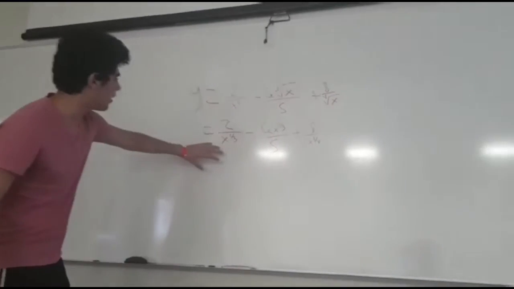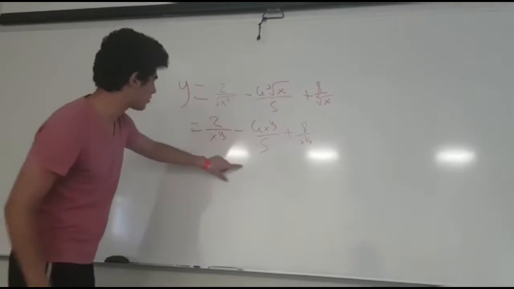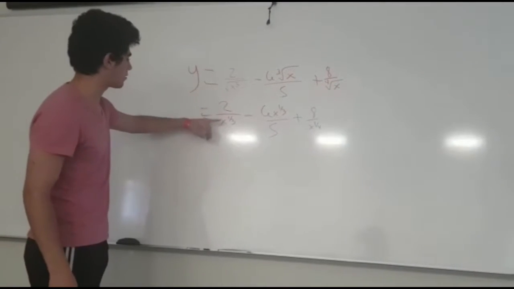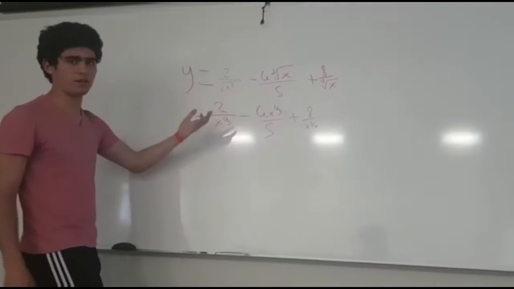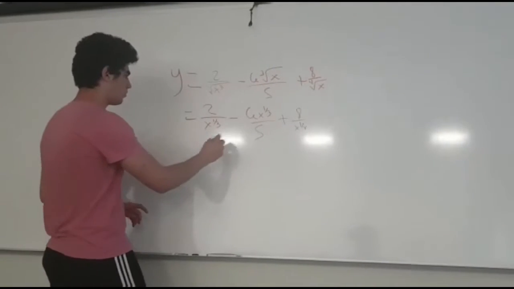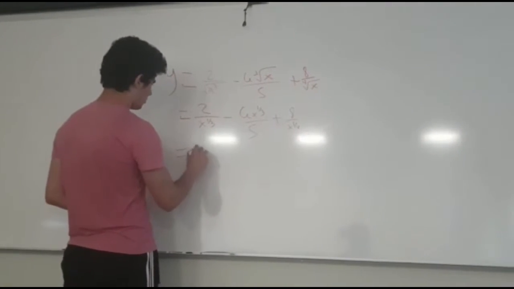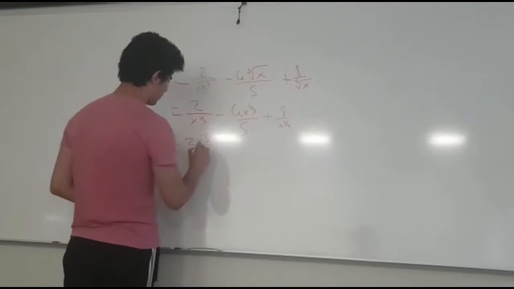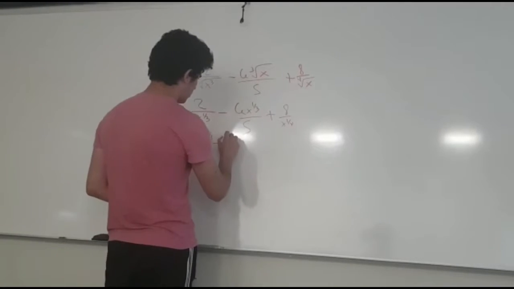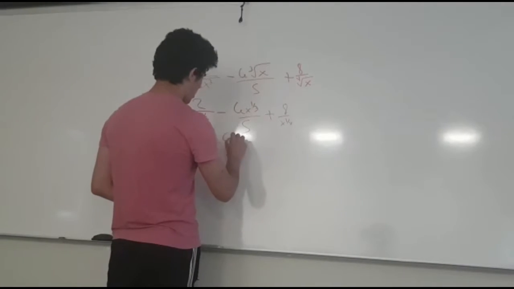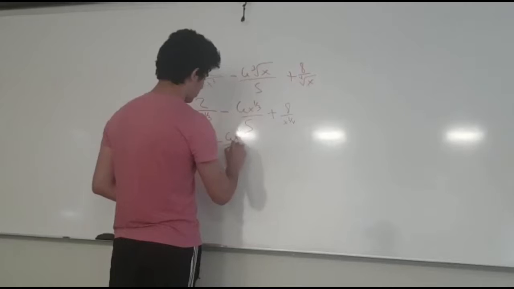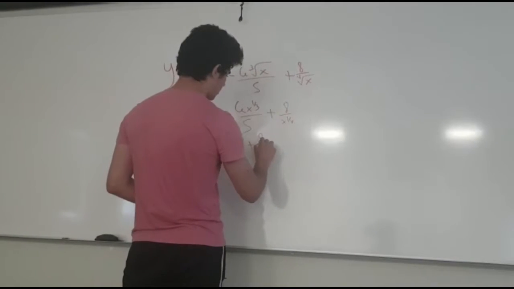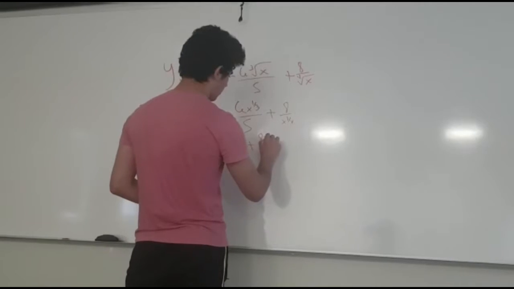After this, to be able to bring these two x's to the top of the fraction, we have to make the exponent negative, because when exponents are on the bottom, it means that they're negative. So this means it will be 2 times x to the negative 1/3 minus 6 x to the 1/3 over 5 plus 8x to the negative 1/4.